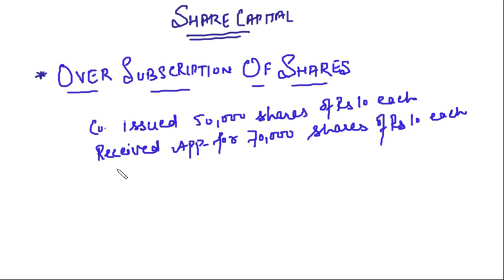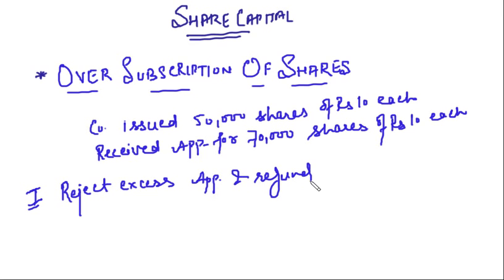I told you there are 3 methods. The first method that we discussed in the last lecture was reject excess applications, right, and refund excess money. That is, refund the excess money of 2 lakh rupees. Clear?